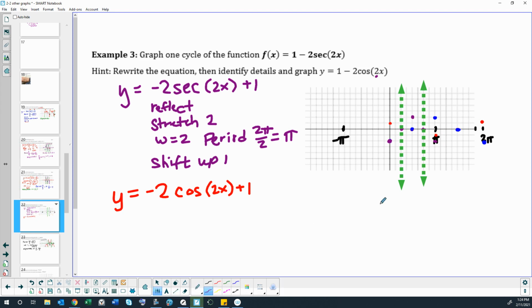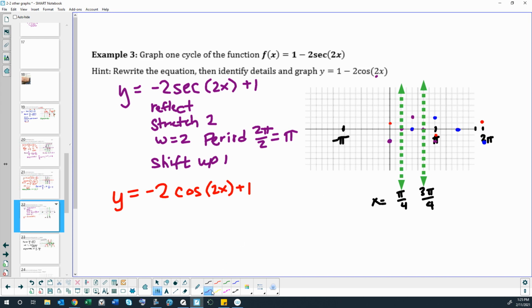Those asymptotes would be at pi fourths and then 3 pi fourths, I believe. So basically they would have originally been at pi halves and 3 pi halves, but because of that 2, we double that bottom number. Sorry, I just keep trying to make that look more like a 4 and I make it worse and worse. So that's fine. So there's our asymptotes.